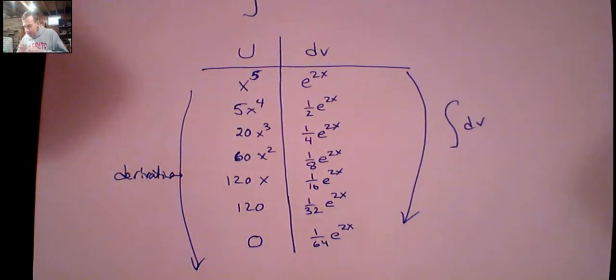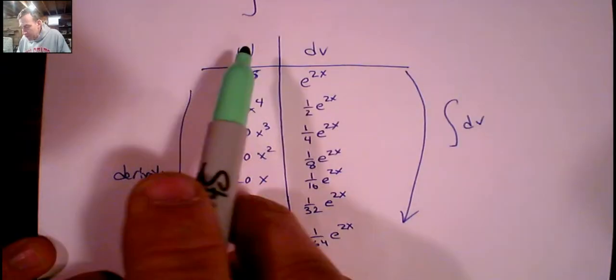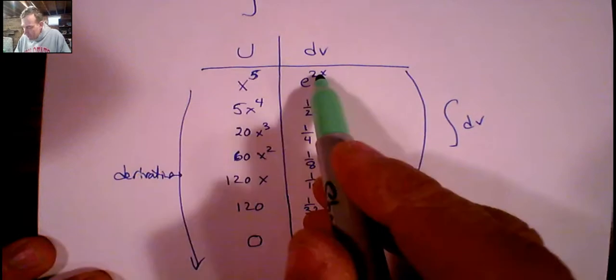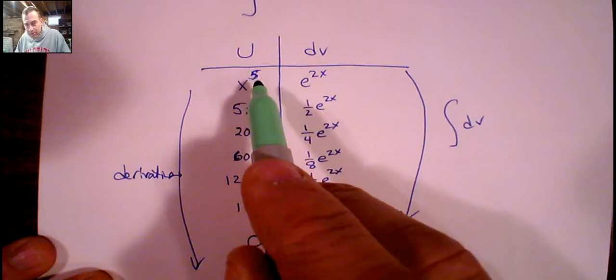Now, what I've done here is that I have u and dv. But remember that when you're doing integration by parts, you're going to do u times v. And so this is dv for this level, for this u. So the v that would correspond with this u is down here.